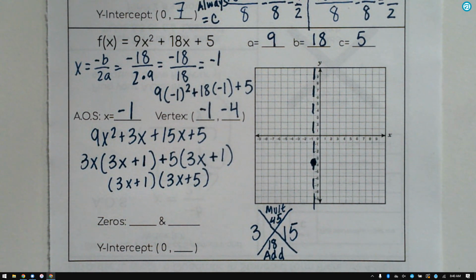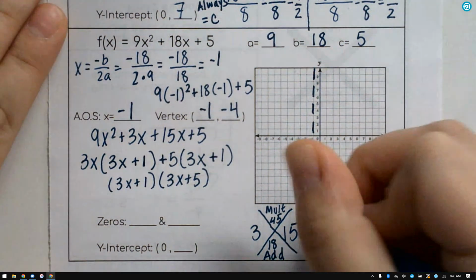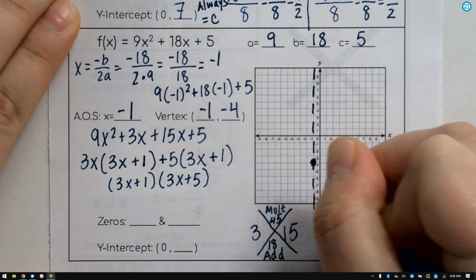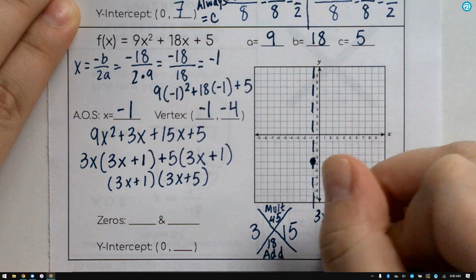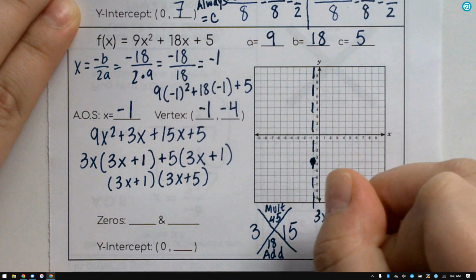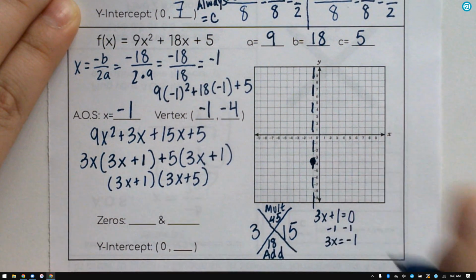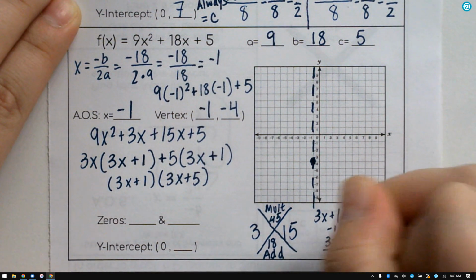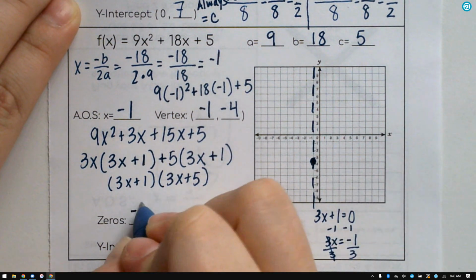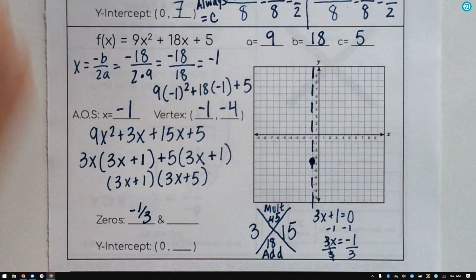To find your zeros, we have to set each of those equal to 0. You can do that work in your head or you can do it on paper. I don't care about seeing it. I trust that you can do it in your head. But if we set 3x plus 1 equal to 0, we'll subtract 1. We'll get 3x equals negative 1. We'll divide by 3, and we'll get x equals negative 1/3 for one of them.